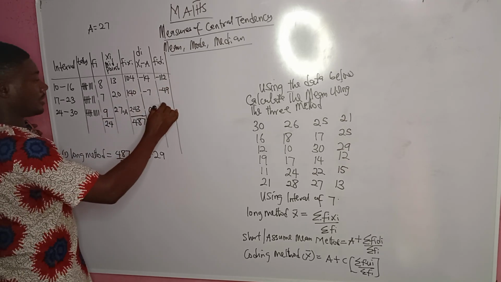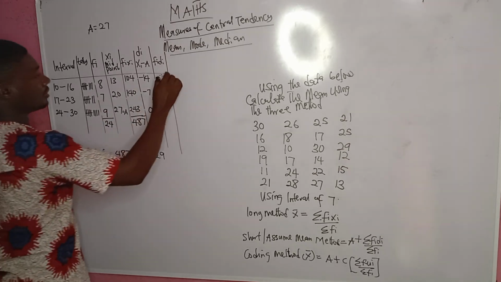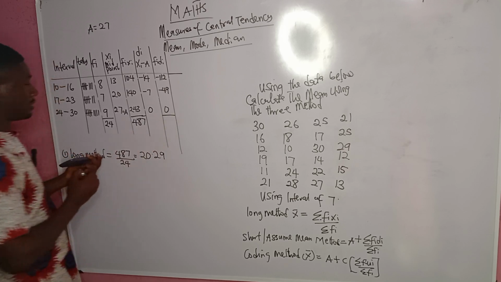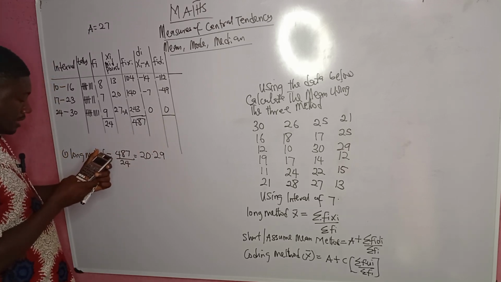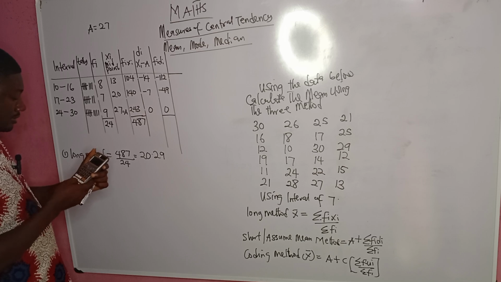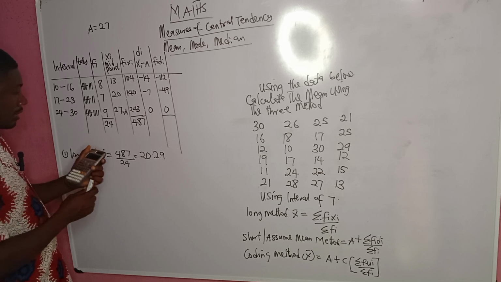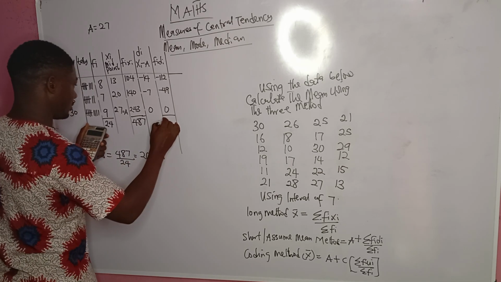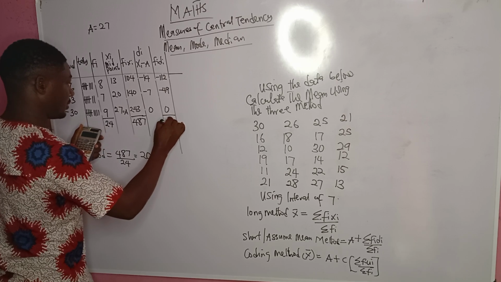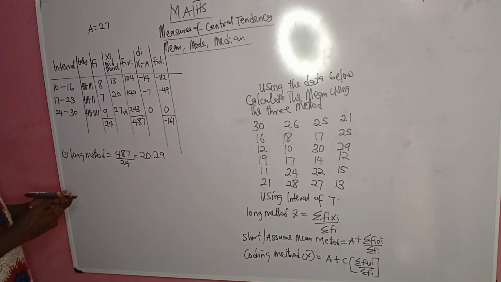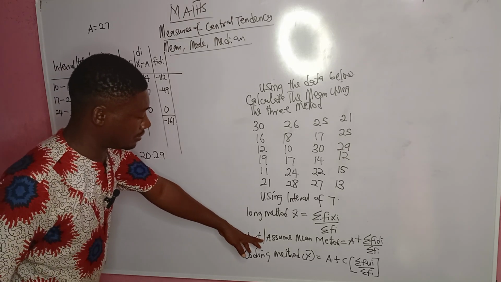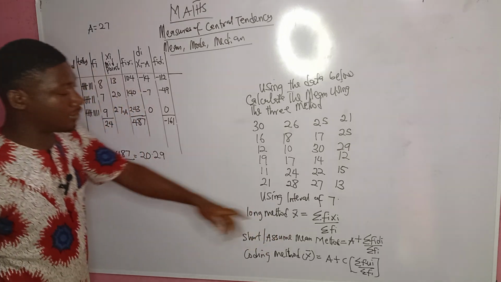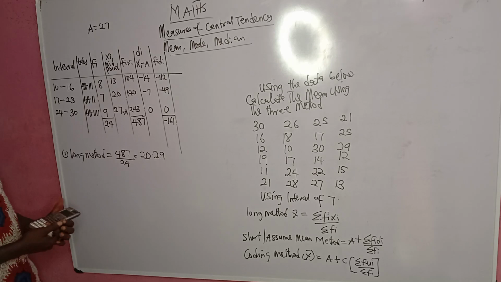And 9 times 0 is 0. Okay, so we'll add it up. Minus 112 minus 49 plus 0 will give us minus 161. So all we need for our short or assumed mean method is available now.